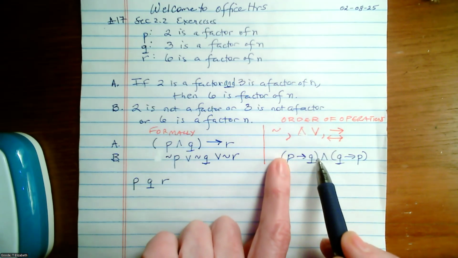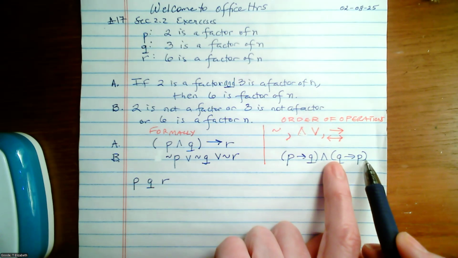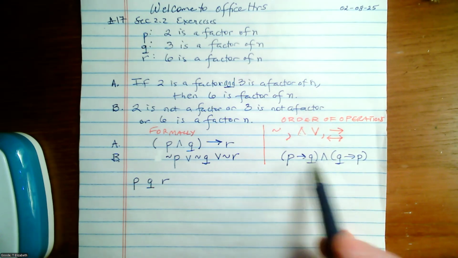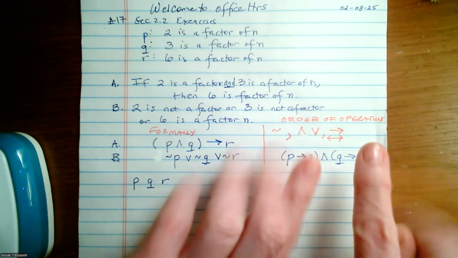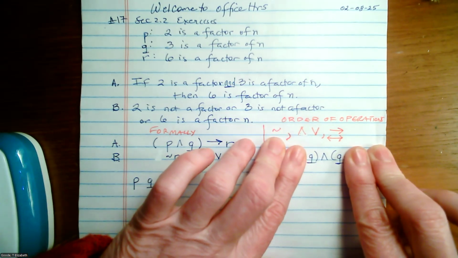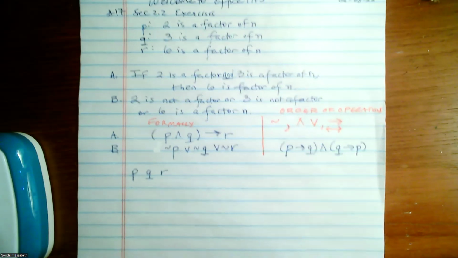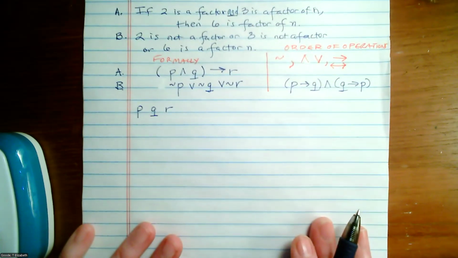We want to evaluate P implies Q first and Q implies P before we evaluate the "and." If we wrote this without the parentheses, we would be evaluating the Q and Q first, and that really wouldn't make good sense.